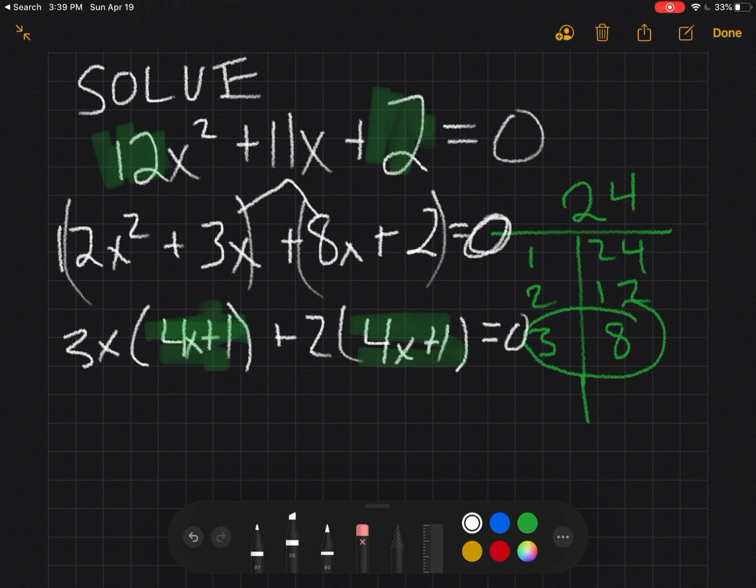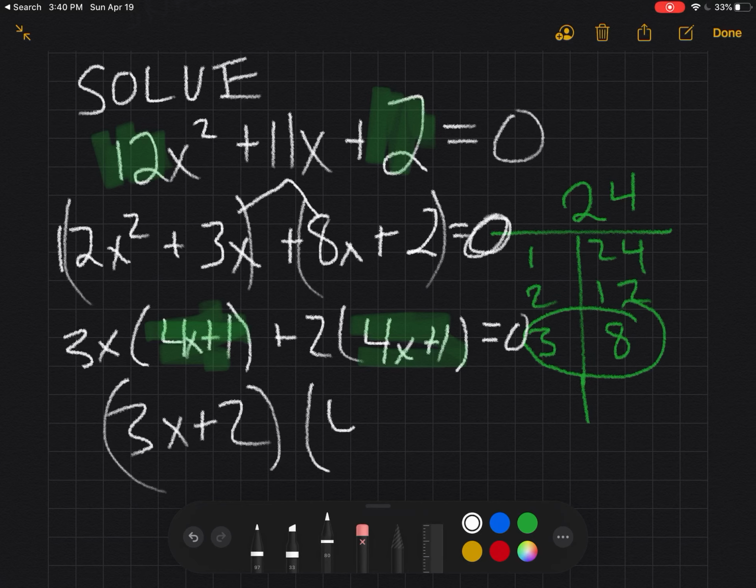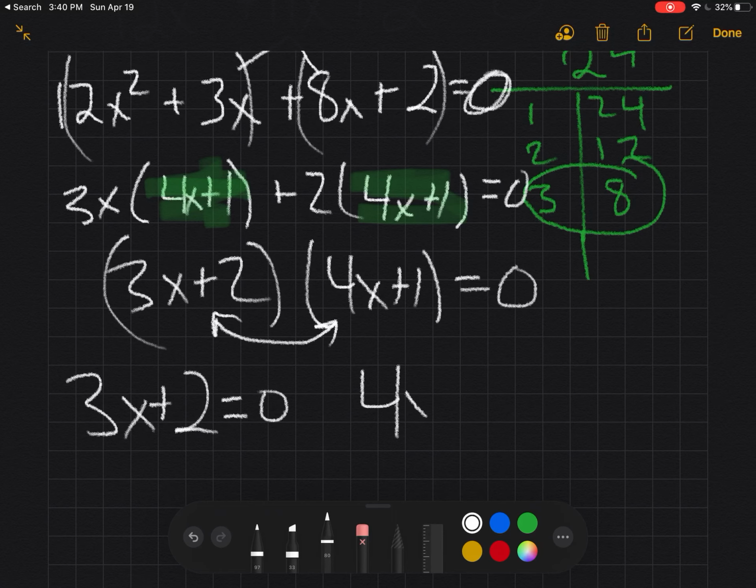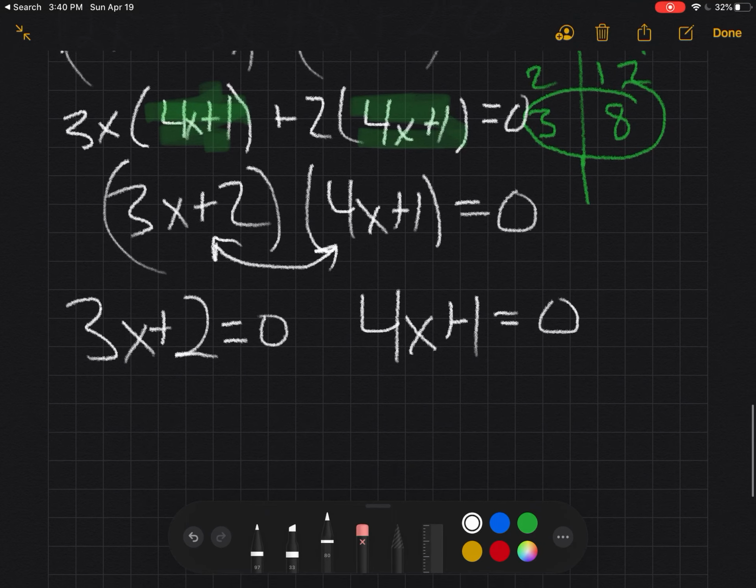So I'm going to have 3x times 4x plus 1 plus 2 times 4x plus 1 equals 0. And I have a common factor here and here that I can take out. So then this becomes 3x plus 2 times 4x plus 1 equals 0.